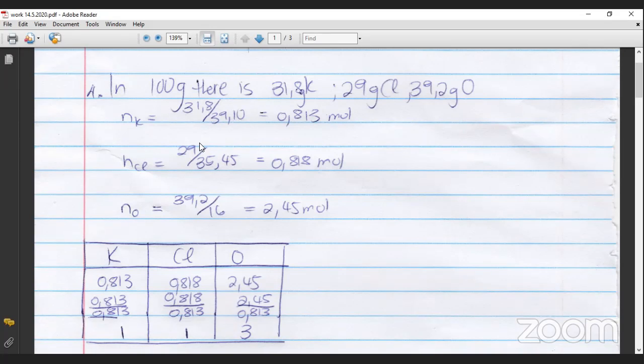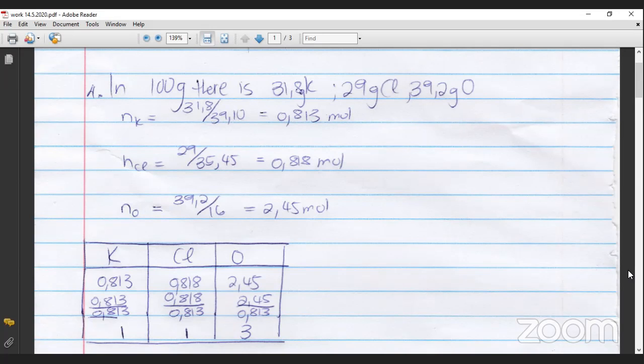So remember, with the molar mass, you just take it from your periodic table. Make sure that when you're working with chemistry, you always have your periodic table with you. So there you can see for potassium it's 39.10, and that's what it gave me. And I did it for chlorine, and I also did it for oxygen.